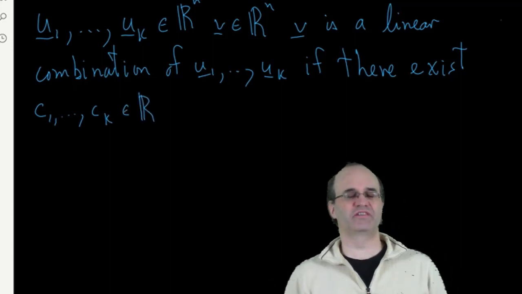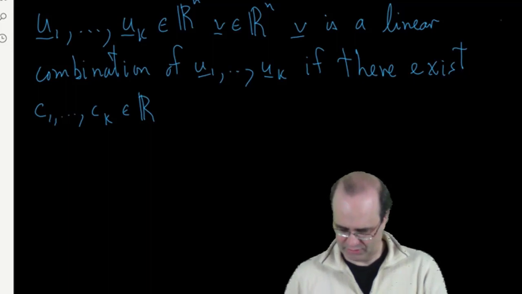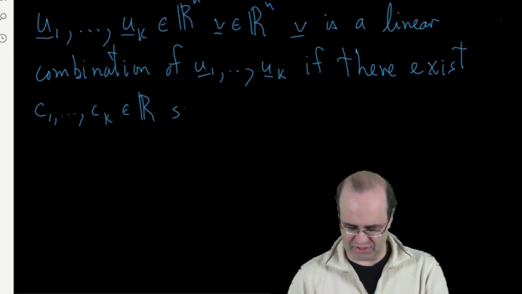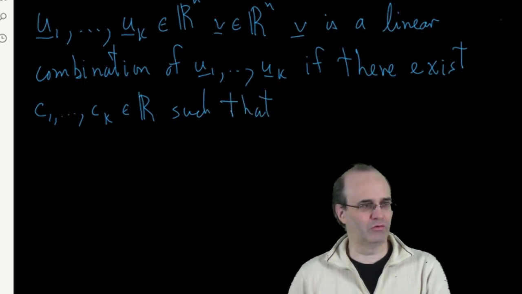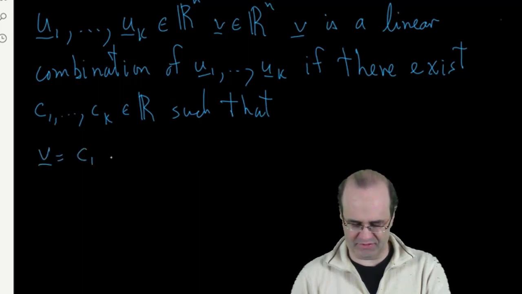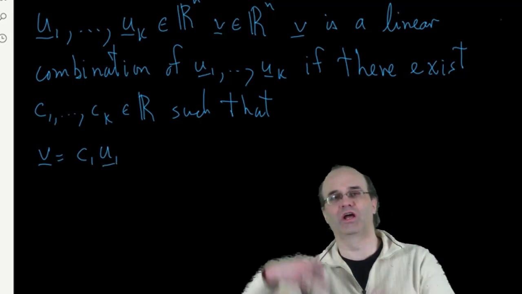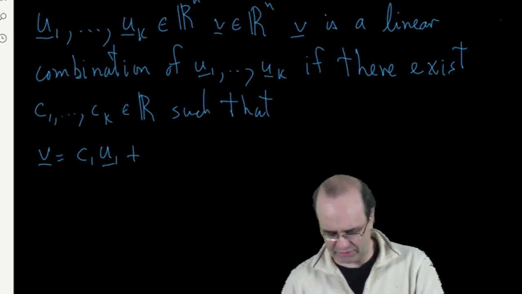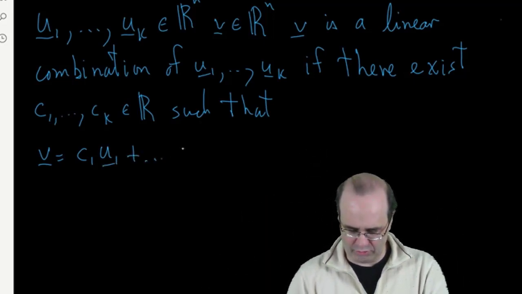We use the letter c for coefficient. So if there exist such real numbers such that we can write v as the first scalar times the vector u1 plus the second scalar times the second vector, all the way to the last vector, like this.